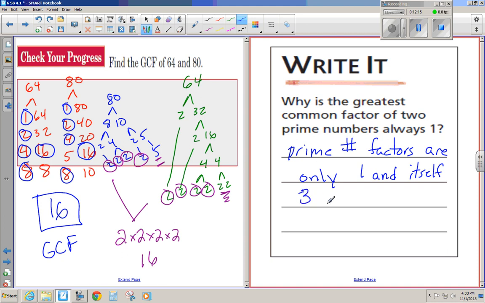Prime numbers' factors are only 1 and itself. So 3 and 5, they're both prime numbers. The only factors are 1, 3, 1, 5. So the only number that prime numbers could even possibly have in common is 1.